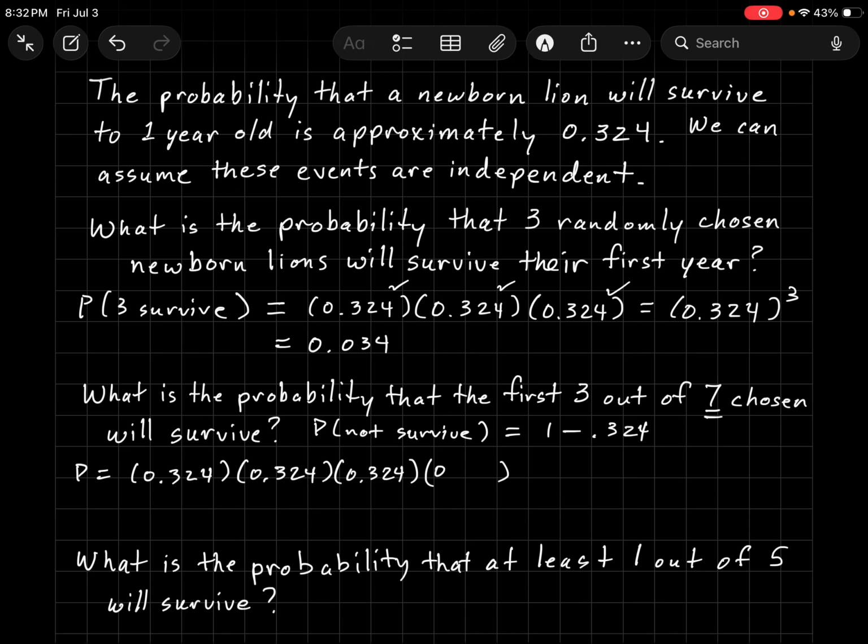So the probability of not surviving is 0.676. So as I wrote it, that means that the fourth line did not survive. Now the fifth thing I write represents the fifth line not surviving. Same for the sixth and for the seventh.